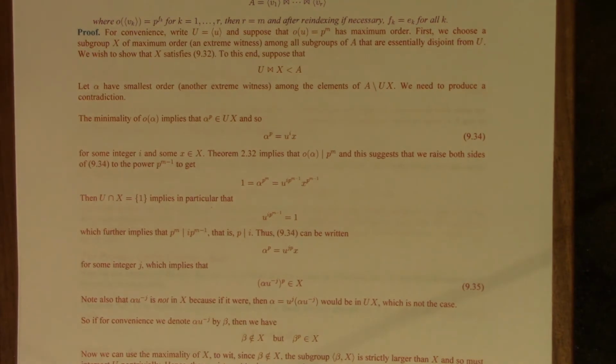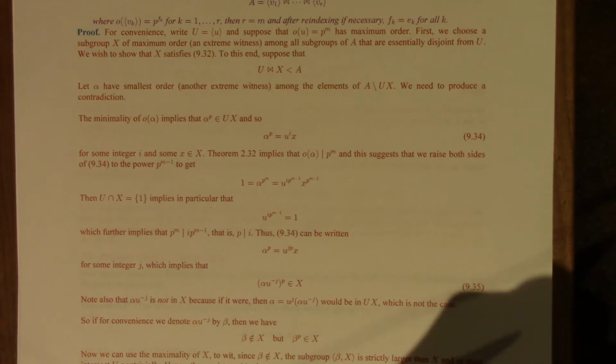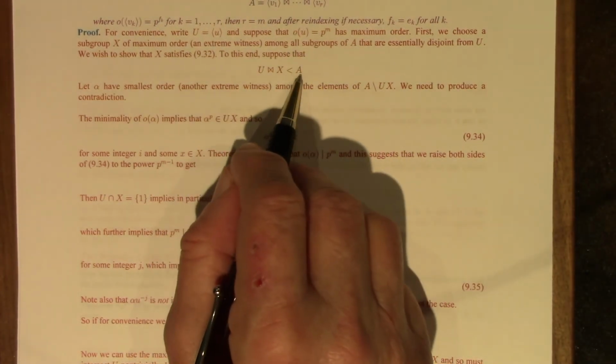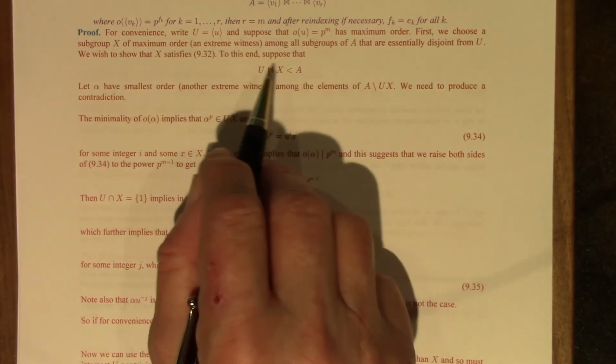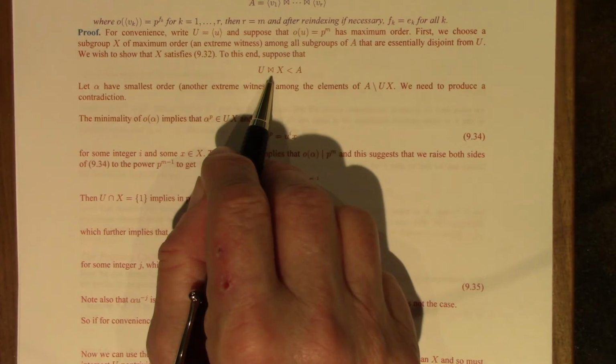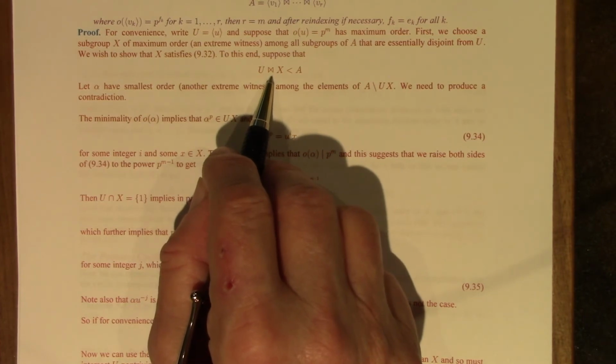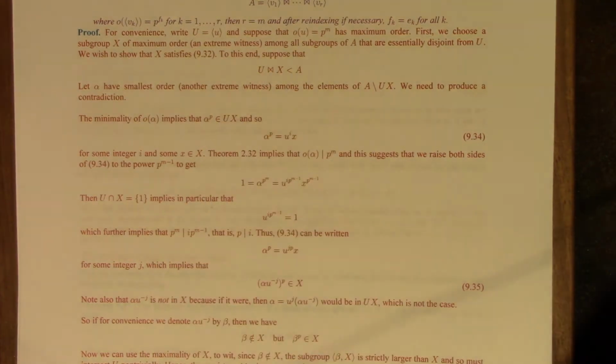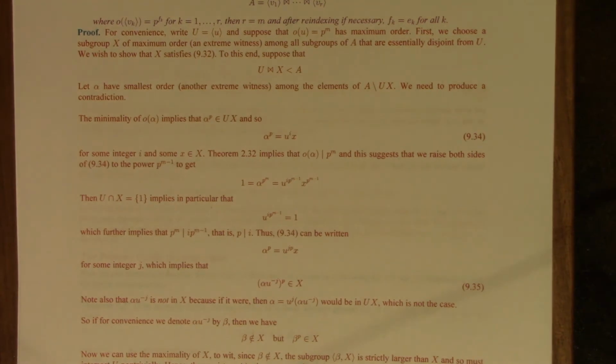Now, what to do? Well, let's apply the extreme witness principle again, looking at the elements that belong to A but do not belong to the set product. There are two ways you might go here. You could pick one of maximum order, or you could pick one of minimum order.